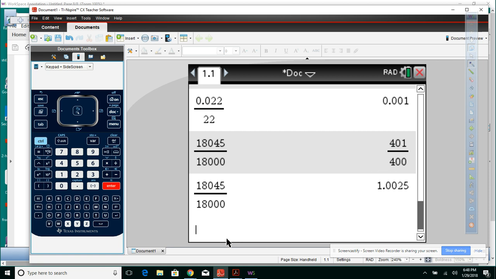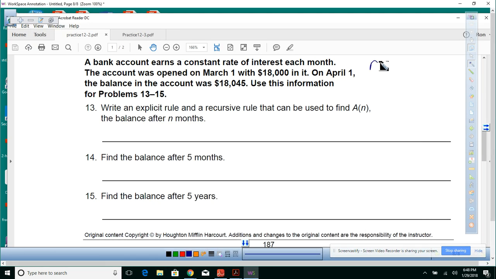So there's your interest rate, 1.0025. So R equals 1.0025. And then let's see, A sub 1 is 18,000.